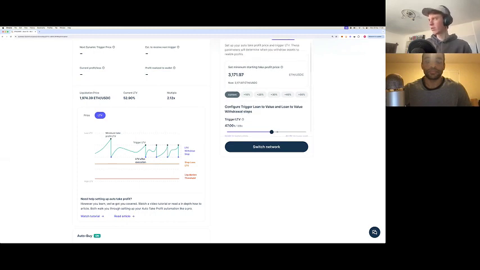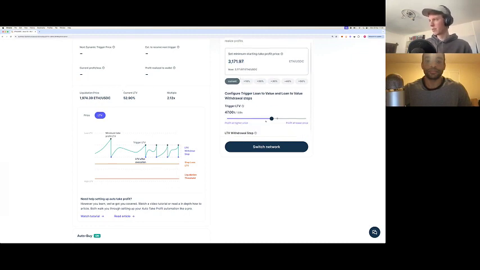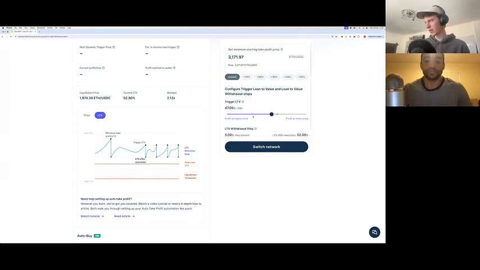Even though it has currently breached this price, because your current LTV is at 52.9, it will not trigger this auto take profit because it looks at both. So both need to be valid in order for your auto take profit to be valid.